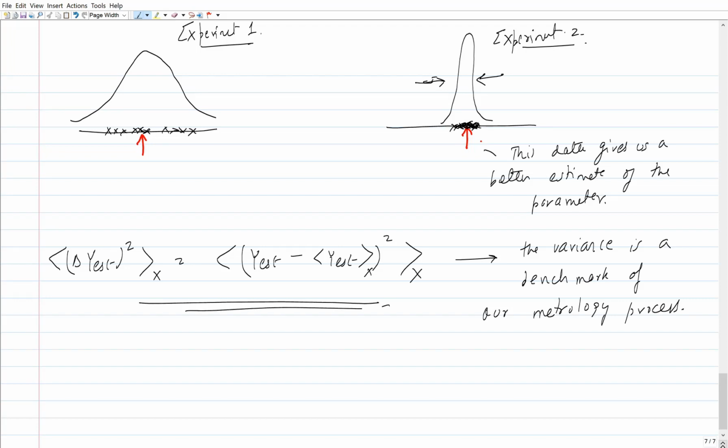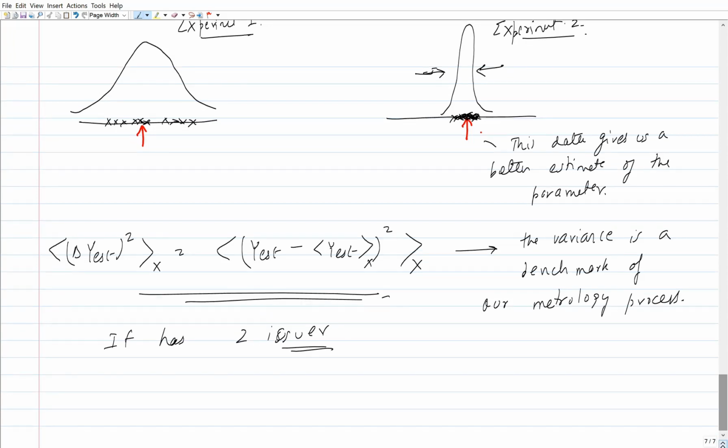But if you look carefully, this quantity, the variance of the estimator, has two issues, two very minor issues, but it's sort of important to go through them. You could have already guessed what the two issues are. One is that my estimate can be systematically biased away from the true parameter value.